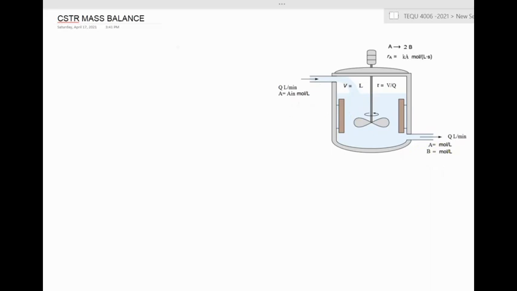Before starting anything, let's talk a little bit about the kinetics happening here. As you know, we define the kinetics in terms of A. The coefficient in front of component A is 1, so it will be negative 1 over 1 times the change of the concentration of A with respect to time, which is equal to 1 over the coefficient in front of B, which was a 2, times the change of B with respect to time.